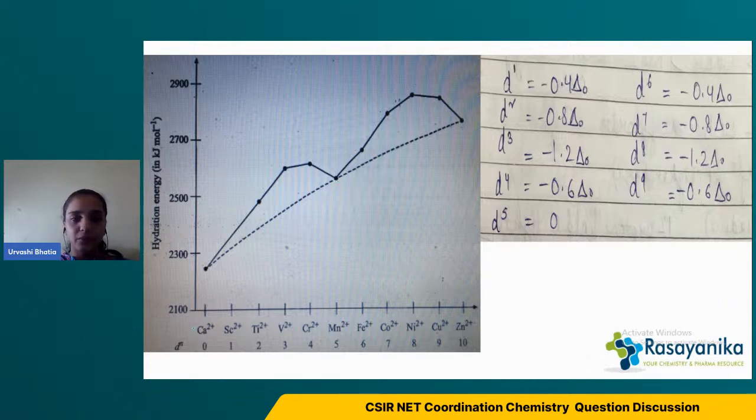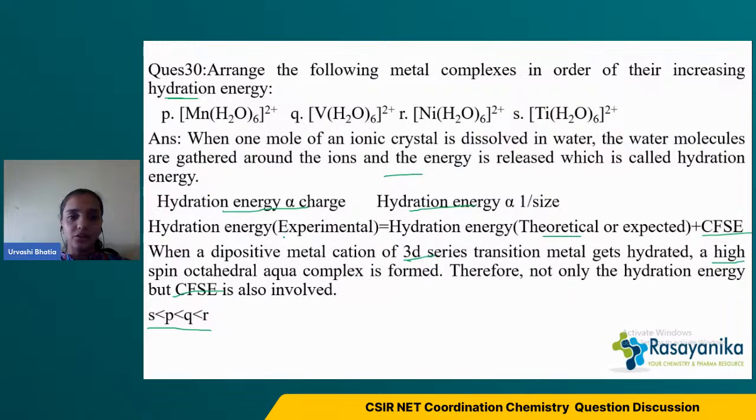Calcium doesn't belong to the 3D series. Manganese 2+ is 3D5, so CFSC is 0, and zinc 2+ is 3D10, so again the CFSC is 0. So the experimental hydration energy becomes equal to the theoretical hydration energy for the three ions: calcium 2+, manganese 2+, and zinc 2+, as the CFSC is 0 for all three of them.